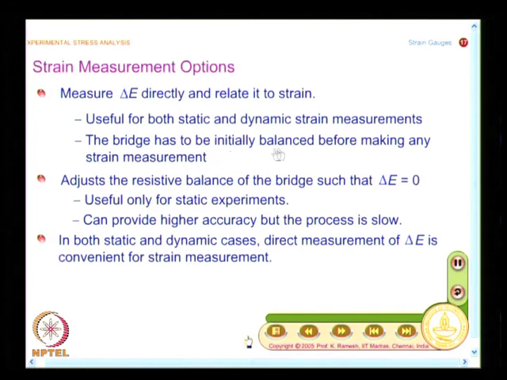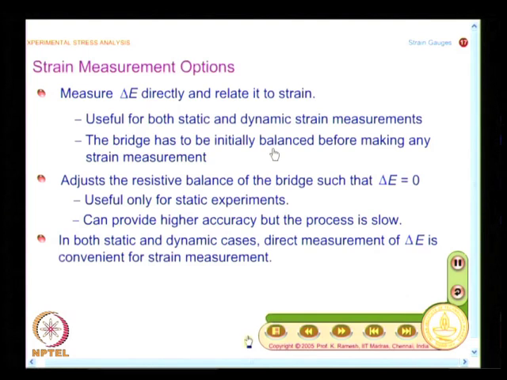Initial balance of the bridge is a very important criterion, and this becomes very significant when I have thousands of channels. I must have electronics and multiplexing where I am able to balance and then start doing my measurement. That is where the instrumentation is now focusing. The other approach is to adjust the resistive balance of the bridge such that delta E equals 0, but it is slow, it will take some finite time.